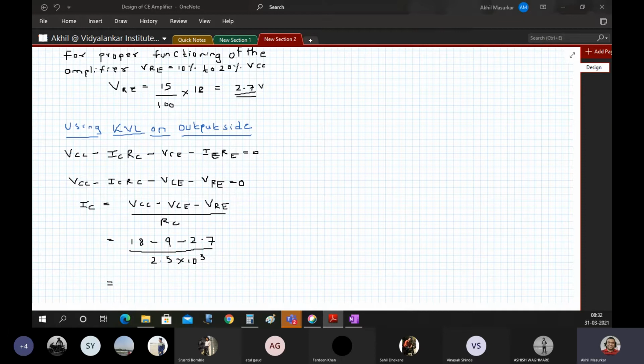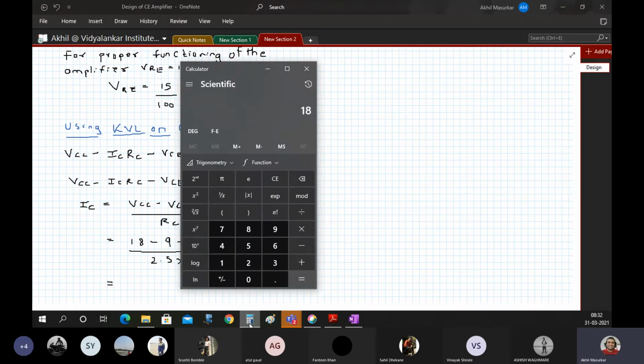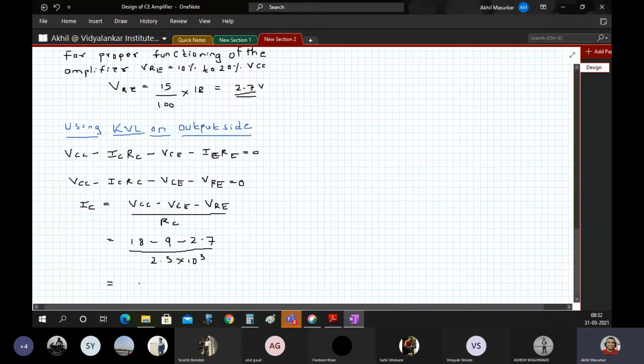What is the value of IC? I think that will be 18 minus 9 minus 2.7 divided by 2.5, so that should be 2.52 milliamperes.